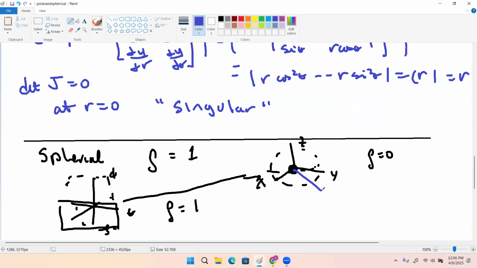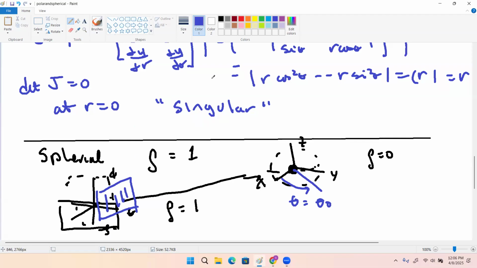Well, theta is going to be measured this way. Well, that's going to be theta equal constant, and that's going to map to a plane like so. So this plane here, and we're going to only start at the origin, gets mapped to something like this, right? So that is sort of a plane-to-plane map.